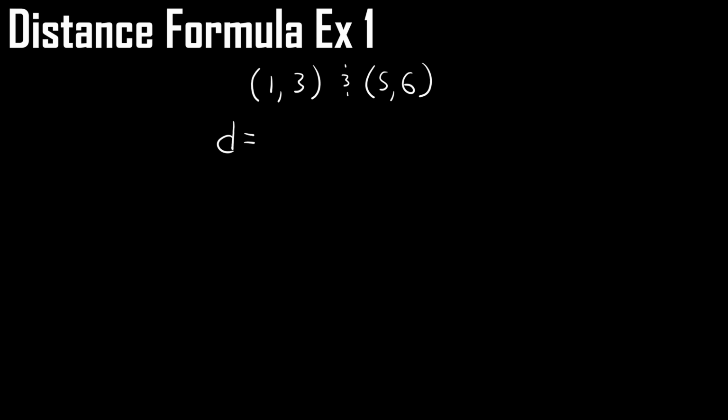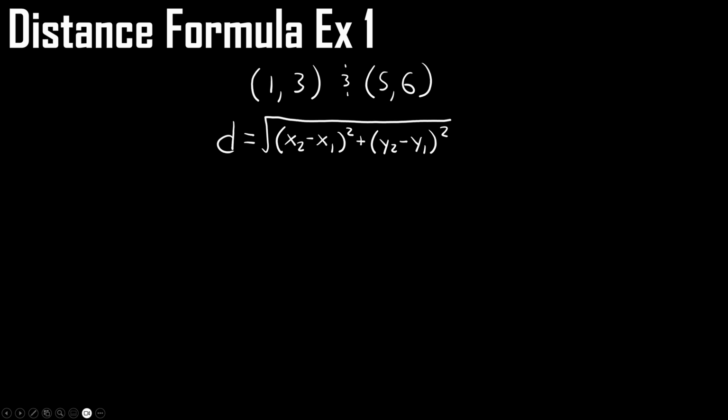D equals the square root of x2 minus x1 squared plus y2 minus y1 squared. So let's label our points. So this will be x2, this will be y2, and this will be x1, and this will be y1.